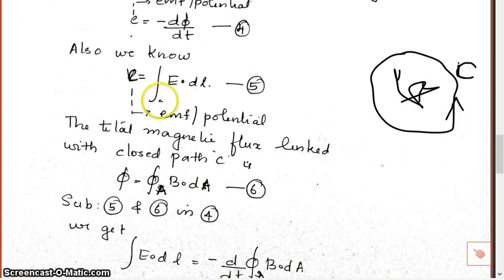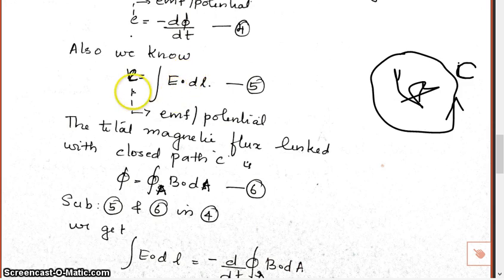Now what I am going to do in the next step is substitute 5 and 6 in 4. What is 4? E is equal to minus d phi by dt.